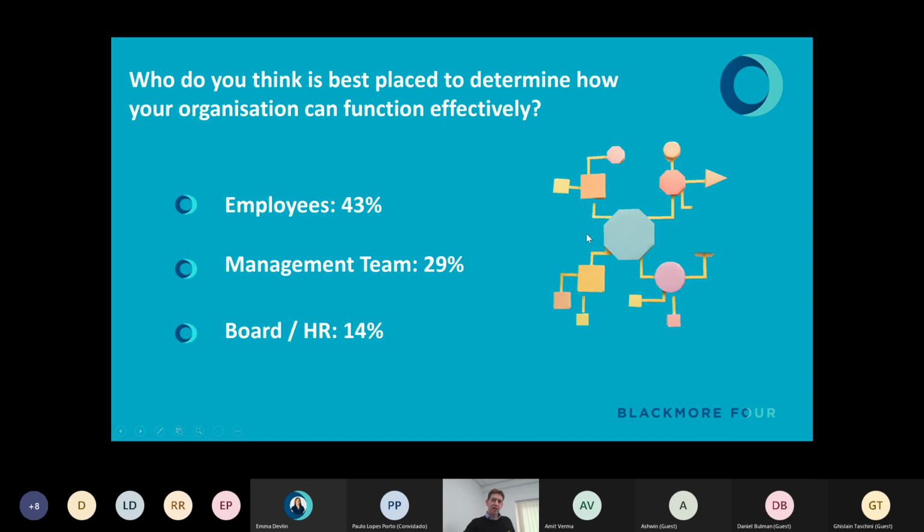So I think the management team, just reflecting on your input, management team being responsible for the day-to-day operation of the business, you would charge them with the accountability of organising effectively. I guess my question here really is, are they best placed to understand how that's going to work? You can't arguably organise a business without involving the management team in how that's organised.